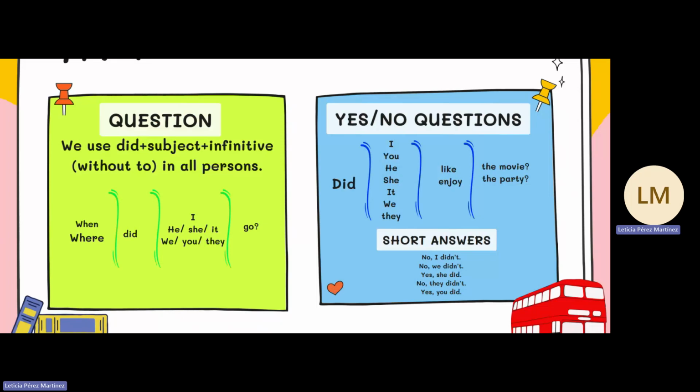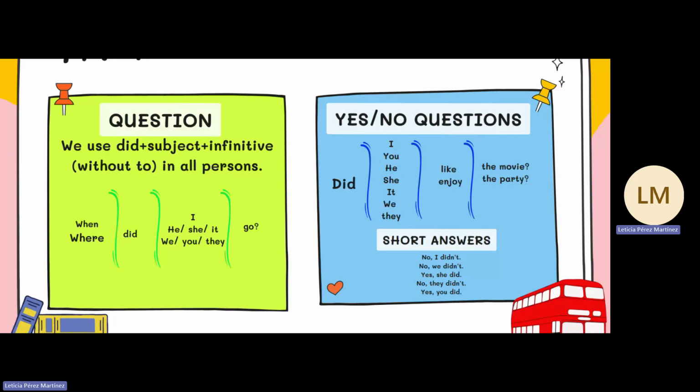Okay. In Spanish could be, for example, did you like the movie? ¿Te gustó la película? In this case, I'm going to answer in an affirmative form, yes, or in a negative way, no. Did you like the movie? Yes, I did. Did you like the movie? No, I didn't.